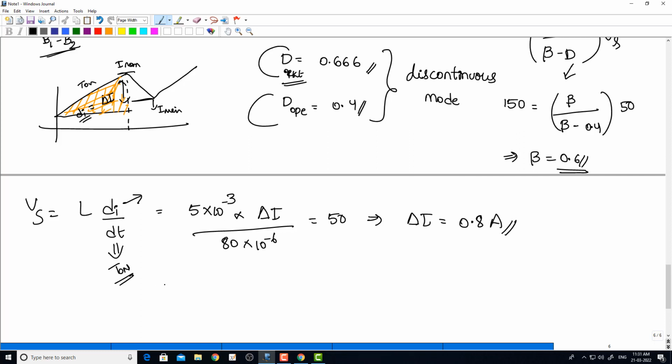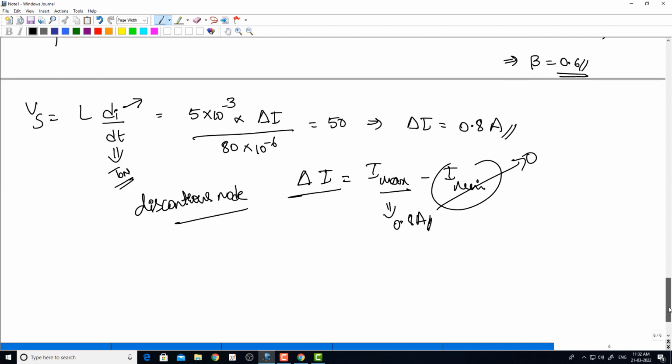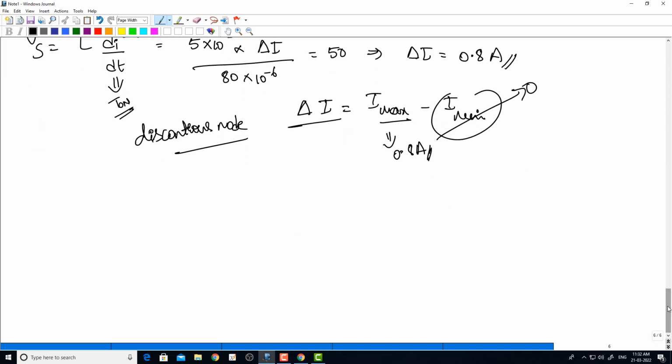Since the circuit is in discontinuous mode, I min has to be 0. So delta I, the difference of I max and I min, is equal to I max, which is 0.8 amperes. Now we need to find the average current flowing through the inductor.